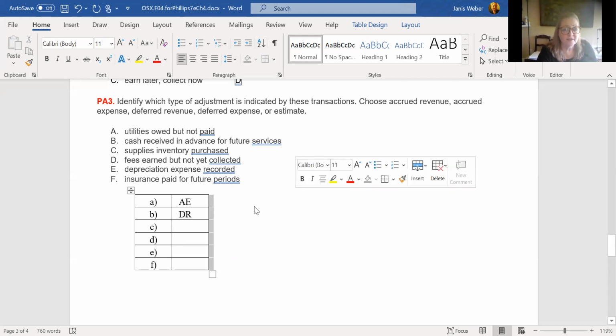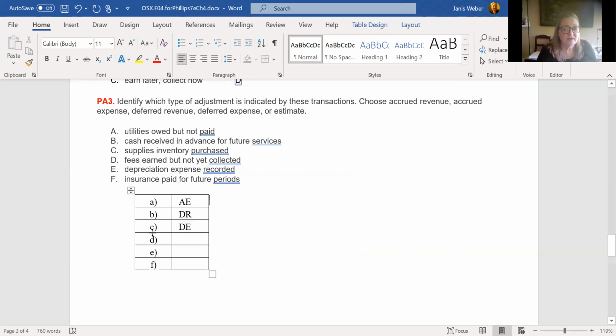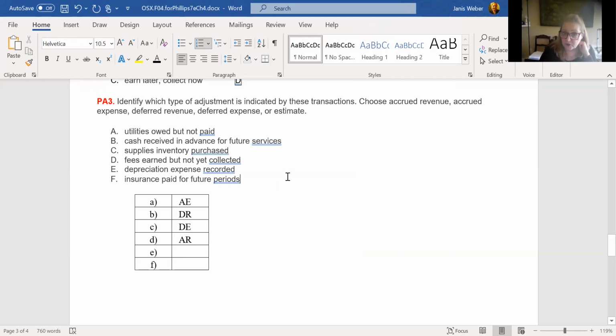C, supplies inventory purchase. This is going to be an expense one day, but right now it's a deferred expense, isn't it? D, fees earned but not yet collected. We're going to record it as revenue, but we don't have our money yet. So that is accrued revenue. What about depreciation expense recorded? That's not accrued or deferred.